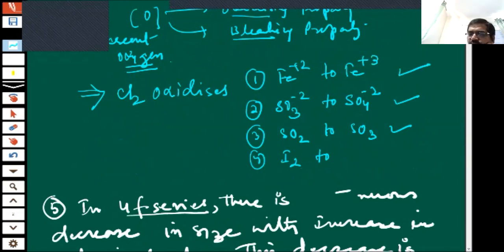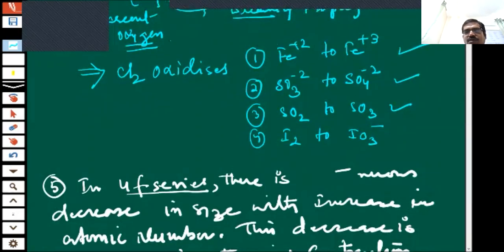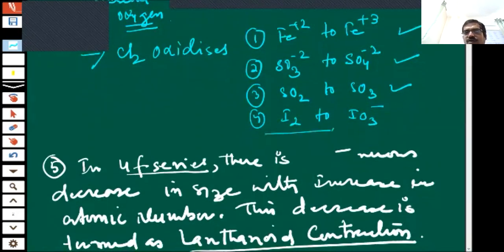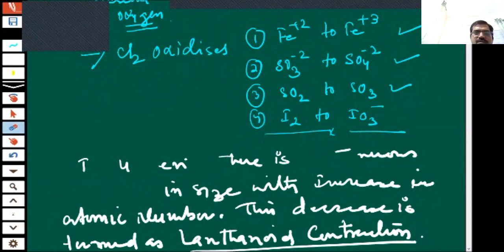You know the formula of iodate, IO3 minus. If it is IO4 minus, it means periodate. So you have to remember this also. So 1, 2, 3, 4. Of course water will be there along with chlorine.